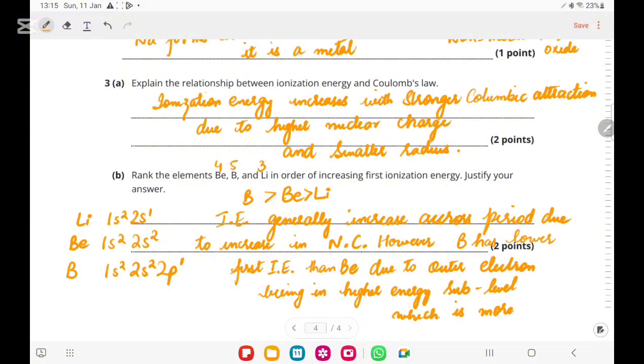So it has greater shielding as compared to beryllium, which has only 1s2.